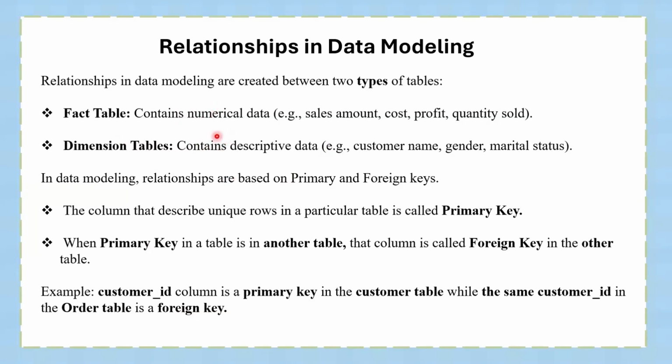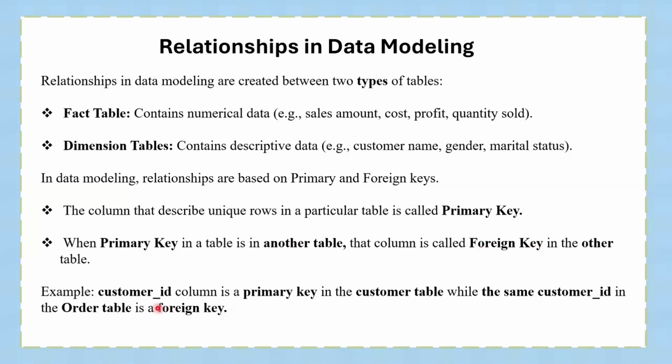To create this relationship, you need something to relate them together, which is the primary and the foreign key. Your primary key is the column that uniquely describes rows in a particular table. And if that column that uniquely describes a particular row in a table is present in another table, it is called a foreign key in that other table.